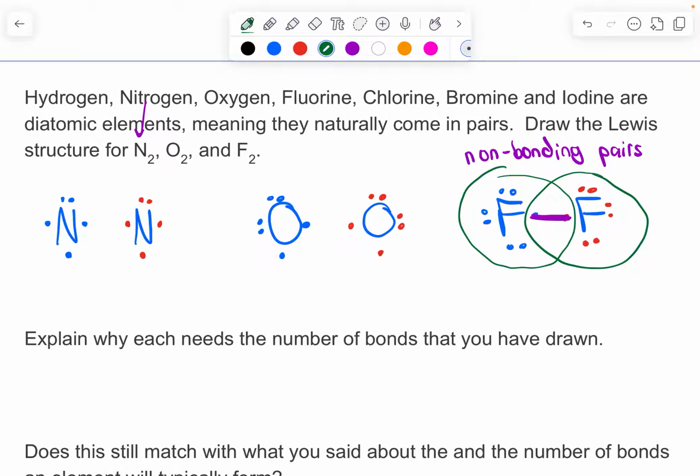So just kind of checking, the fluorine on the left has 2, 4, 6, 8 electrons, so its octet is satisfied. And then on the right side, 2, 4, 6, 8 electrons. Okay, so that bond gets counted for each fluorine.